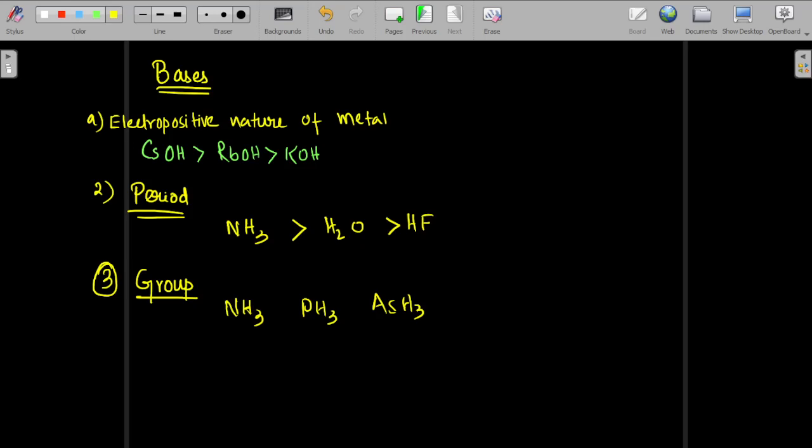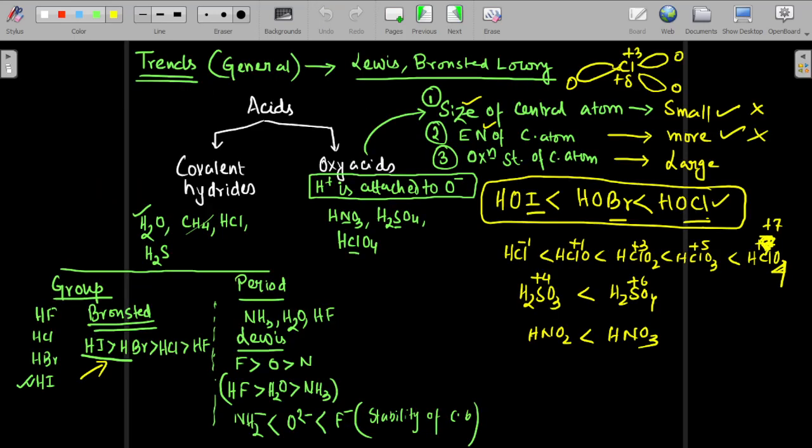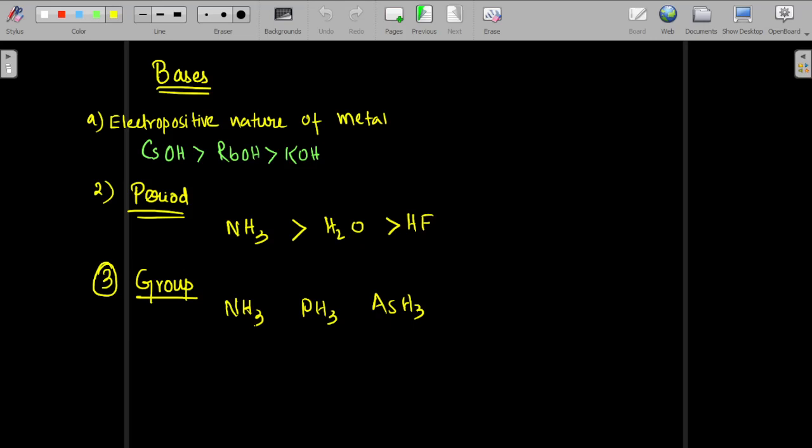Now, before checking electronegativity, we have already known in acids that in case of groups, we generally check for Bronsted nature, that is the size of the atoms. If we go for the size of the atoms, definitely the size of arsenic is much more. So as the size increases, the basic nature decreases.